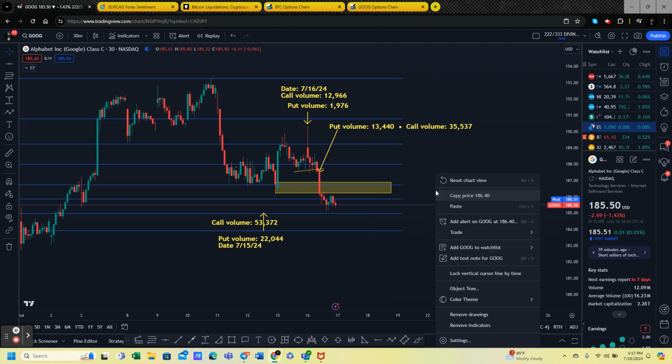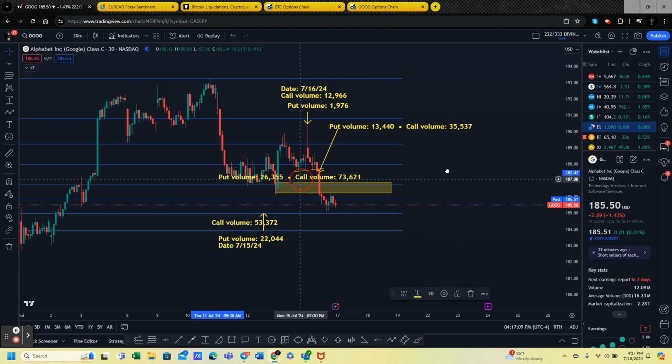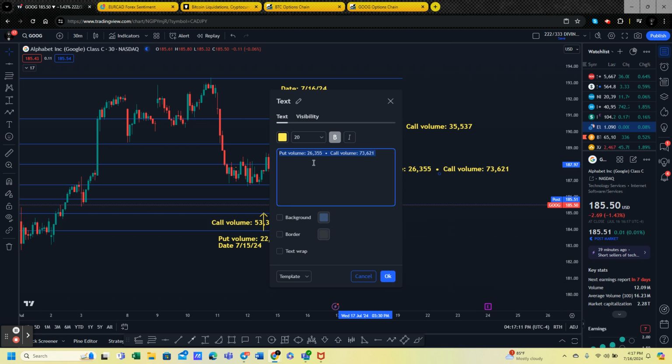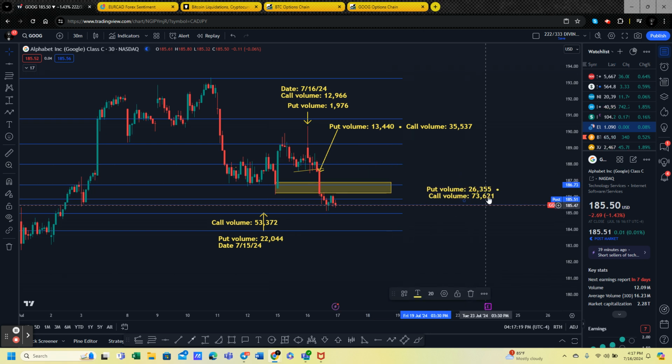And then now, towards the end of the day, this is where it came out to. So possibly going into tomorrow, still could see some more downside. Why? We got 73,000 call orders in volume, but we only got 26,355 puts.